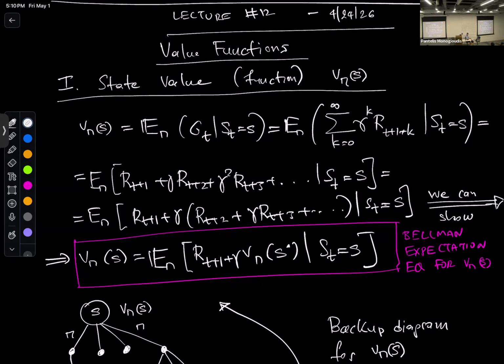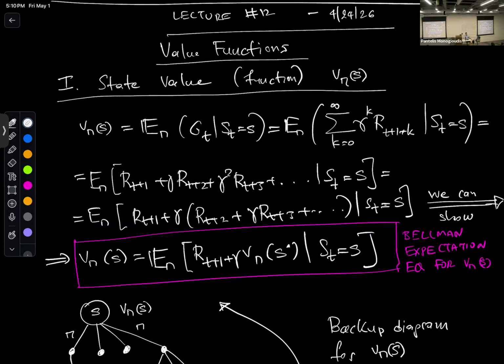We wrote down the state value function, which is a function of the state. This means that for every single state, I need to have a scalar value associated with it. How we estimate these values was the topic of the Bellman expectation equation, which gives us this kind of recursion.